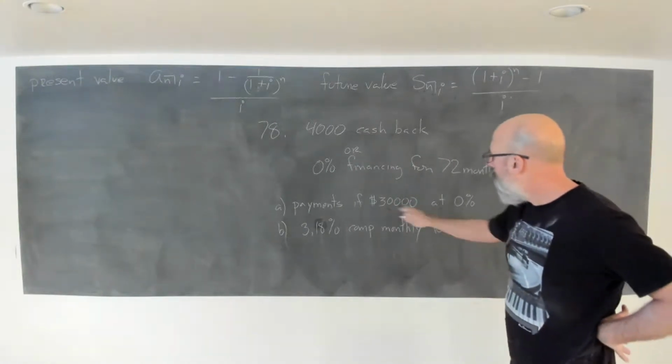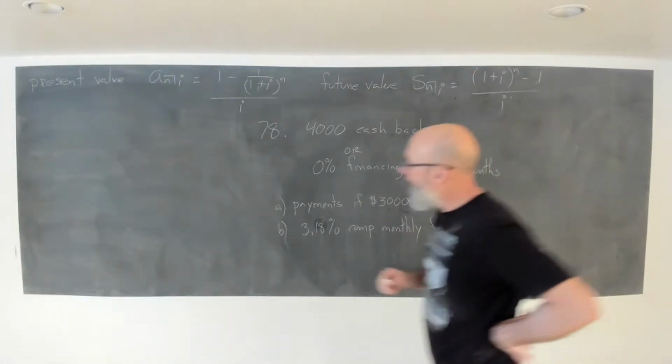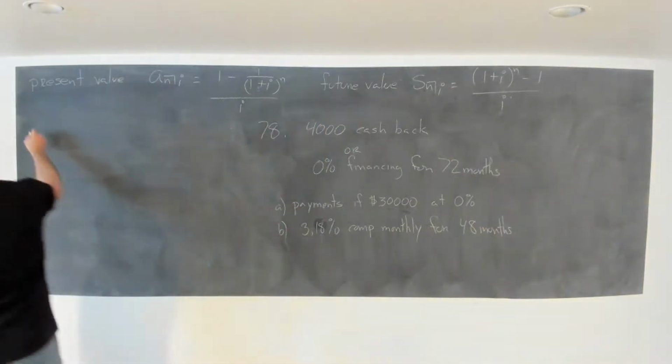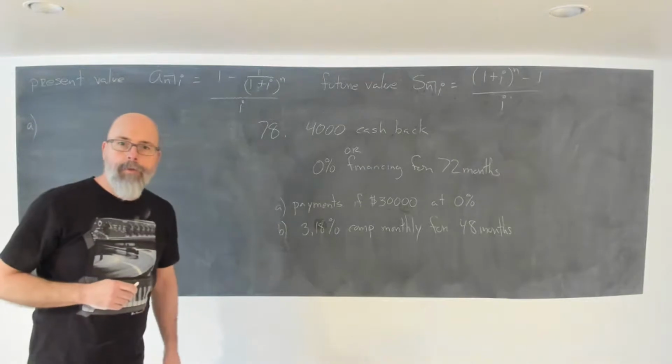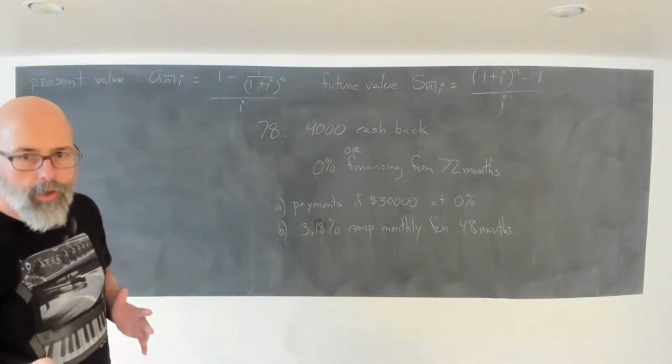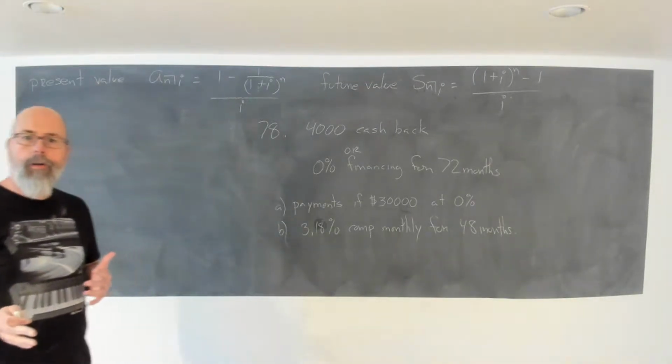So here, if you're financing $30,000 at 0% for 72 months, I think it's crystal clear what the payments are.